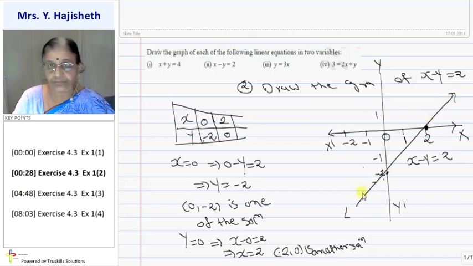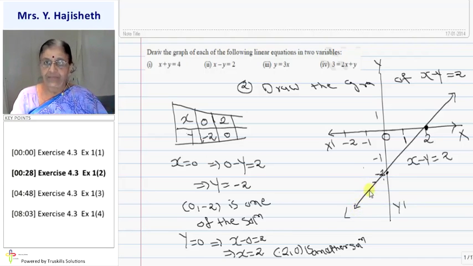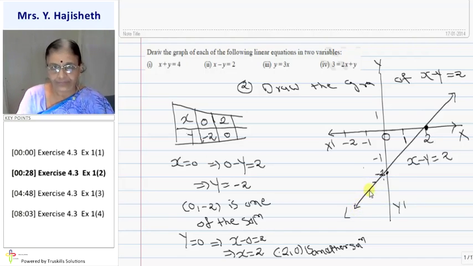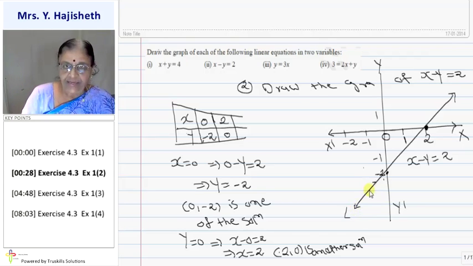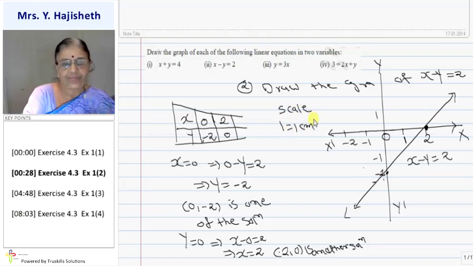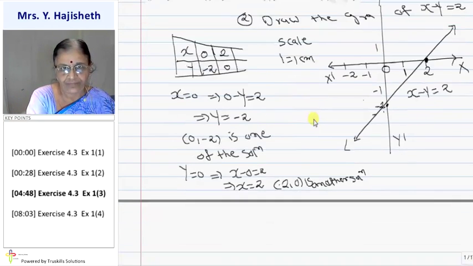Clear? This is my graph of x minus y is 2. Clear? So what scale have I taken? Scale is 1 centimeter on both x-axis as well as y-axis, okay?